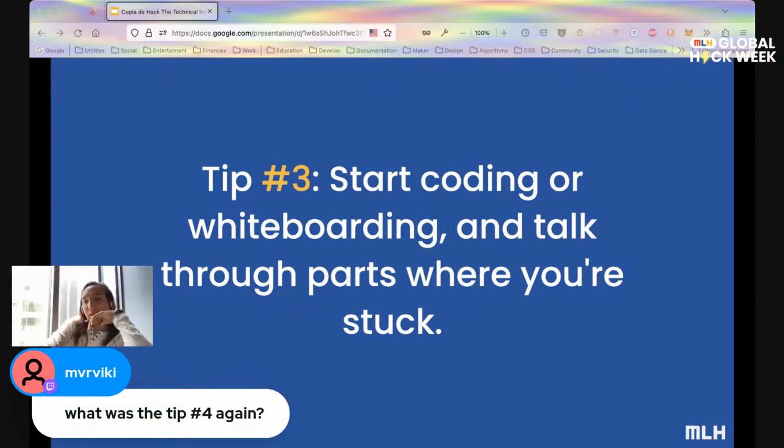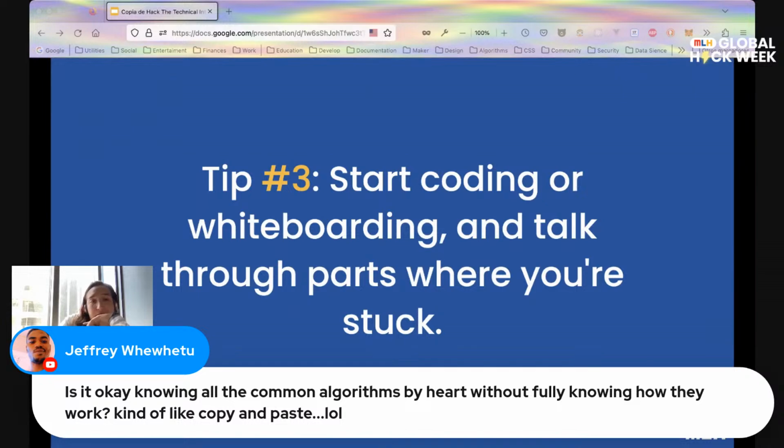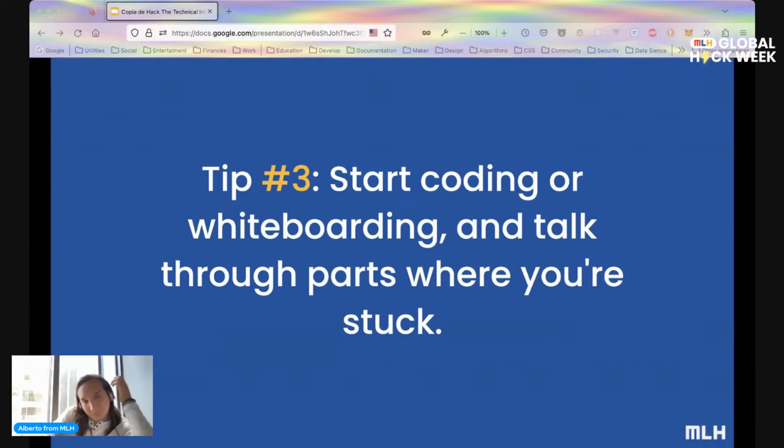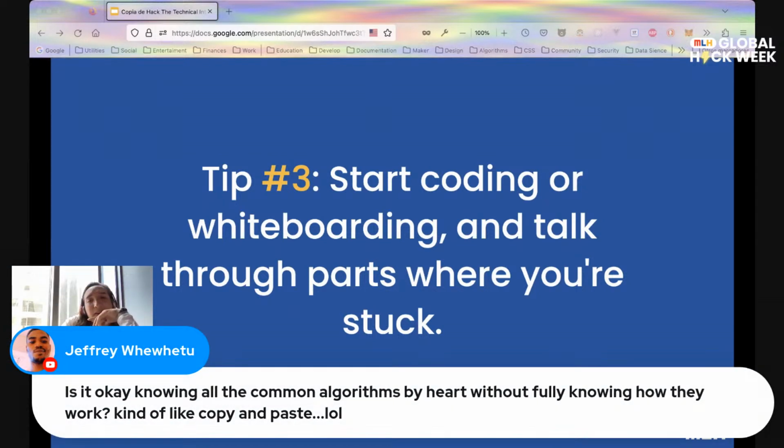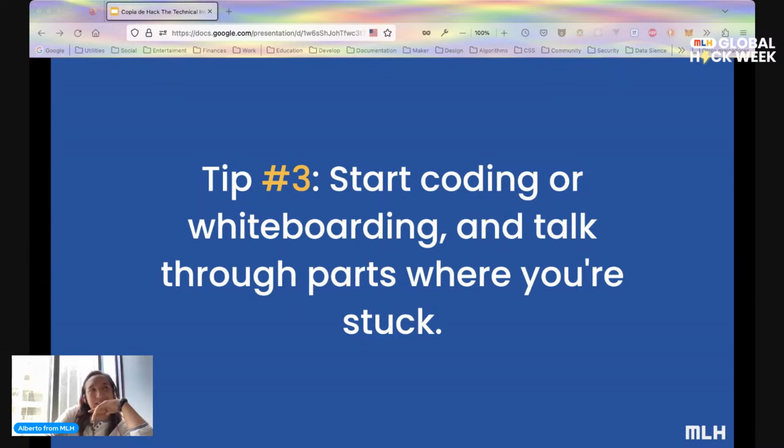I see a comment. It is okay knowing all common algorithms by heart without fully knowing how they work, kind of like copy and paste? Lol. Let me think of that. I would say no, because I don't think this could work, to be honest.